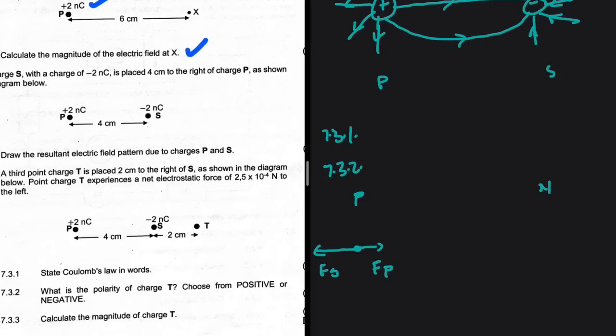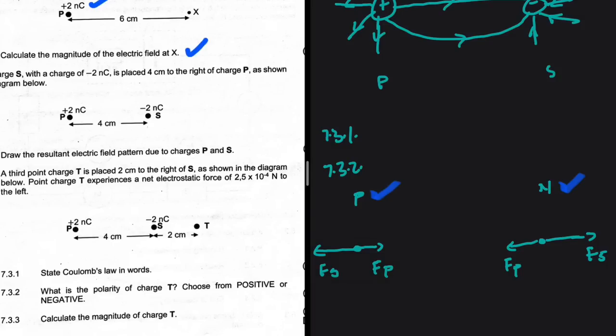This is if T is positive. Let's take a look at it when T is negative. If T is negative, this will be the force as a result of S, because they will be repelling each other. But because P has the same magnitude as S and is far away, this makes sense to be the force as a result of P, right? So in this case, when we look at our situation, what do we have?